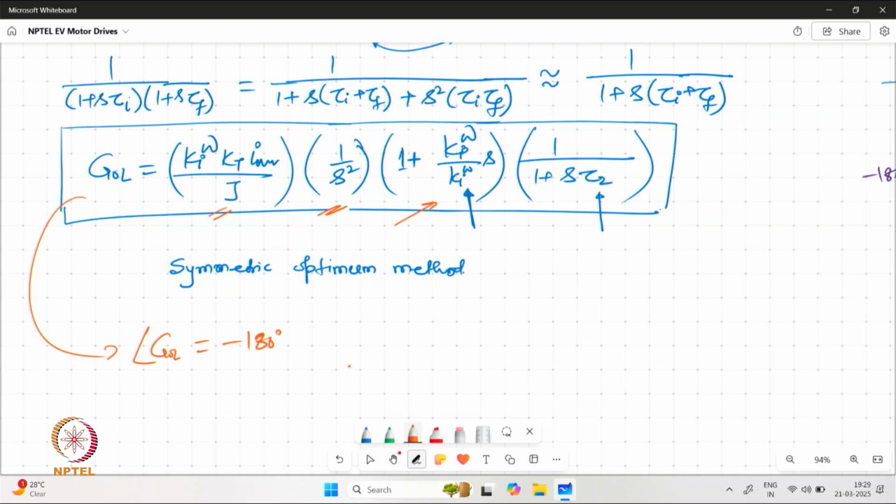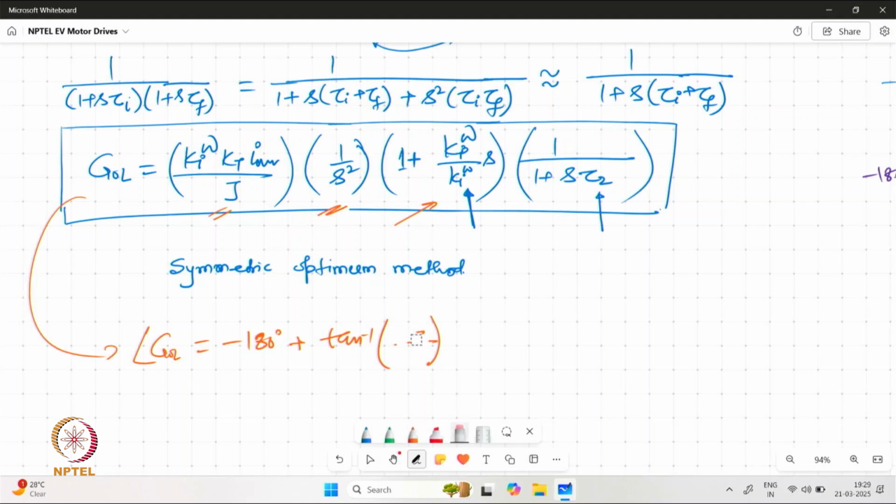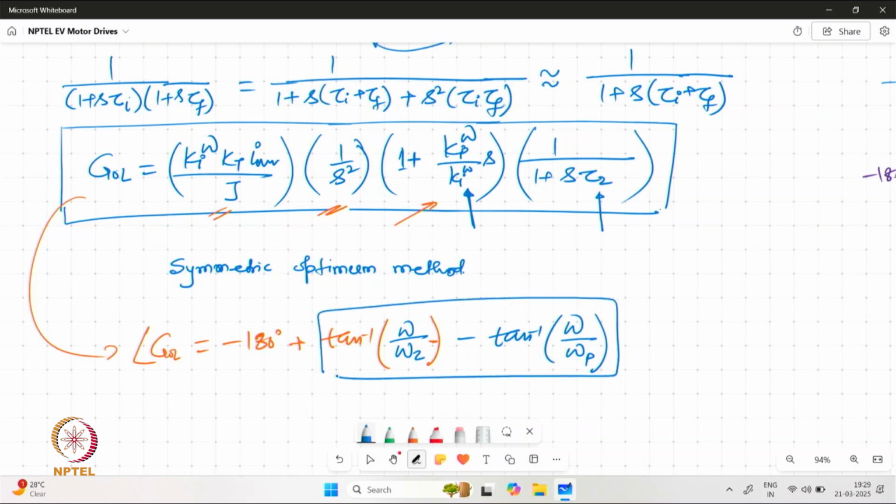The next zero is going to have a positive contribution, and then we are going to have a negative contribution from the pole. So altogether the phase margin can be given as the sum of these terms.